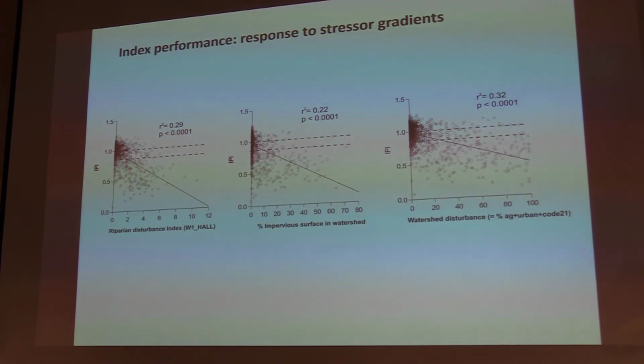In the center, it's plotted versus percent impervious in the watershed, and on the right, it's plotted versus total watershed disturbance, which is the sum of ag, urban, and open developed space land use. And none of those plots are especially tight, but they're all highly significant. And as Kara indicated this morning when she was talking about CRAM, that's often as good as it gets in this business.